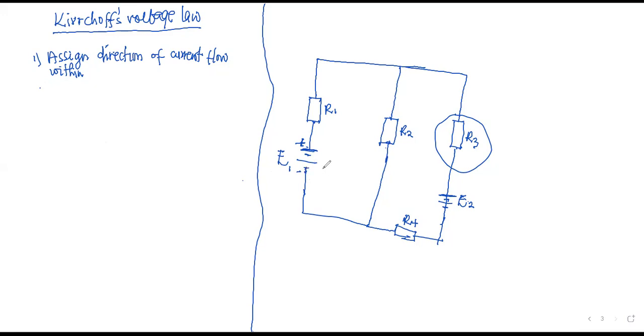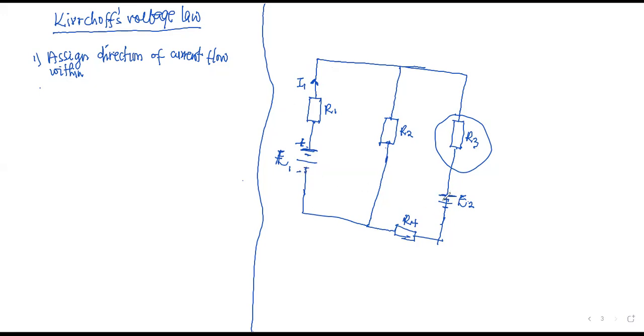So the current produced by this source of EMF, I am representing that by I1, and I'm following the conventional directional flow of current from the positive, which will flow and then enter into the negative.